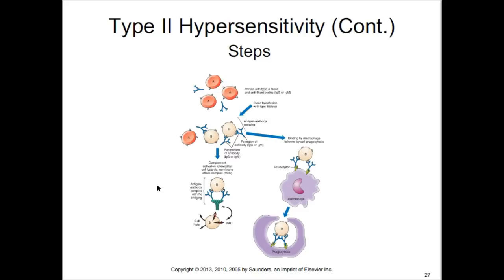Not very common, as we are very, very careful in this country to make sure that we give you O negative blood, so that the O negative blood has very little, if any, antigens.